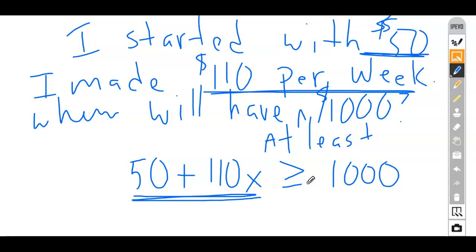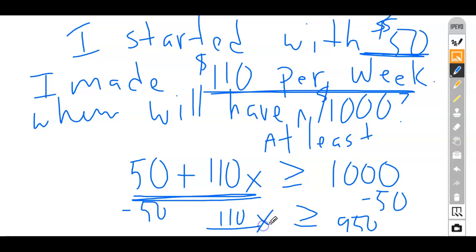We need at least 1,000, so it could be equal to it, but it could also be greater than 1,000. So then we would solve by subtracting 50. That gives me 950, right? So divide both sides by 110. What is 950 divided by 110?